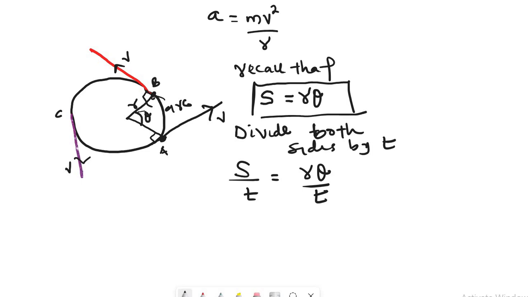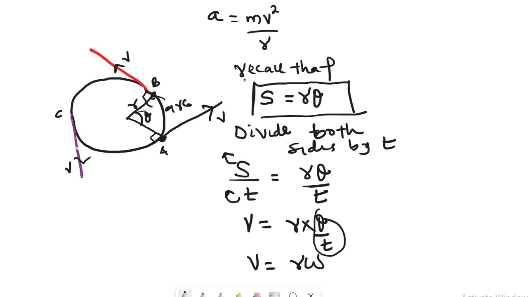Displacement over time will give us velocity, and this is this. Remember from our earlier definition that angular displacement divided by time will give us angular speed, omega. So therefore velocity is equal to r omega.